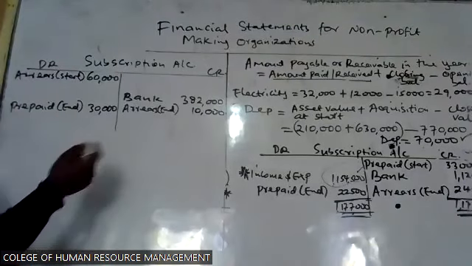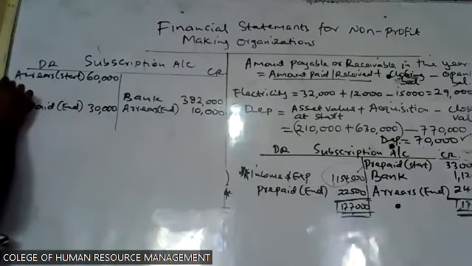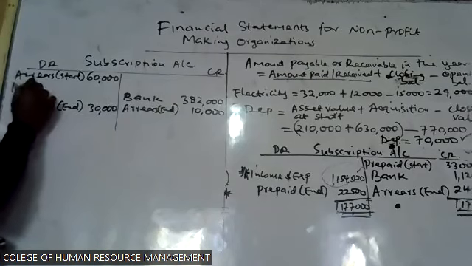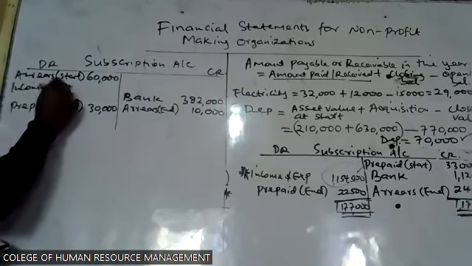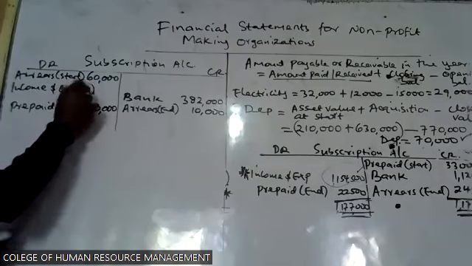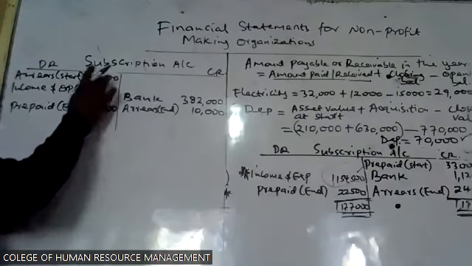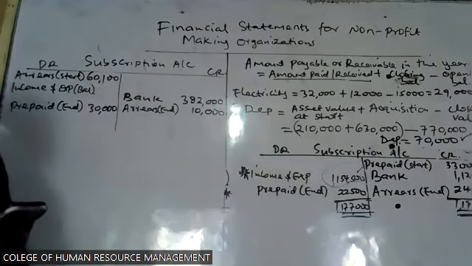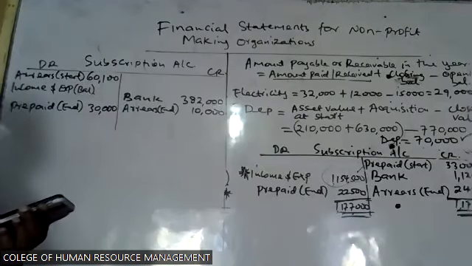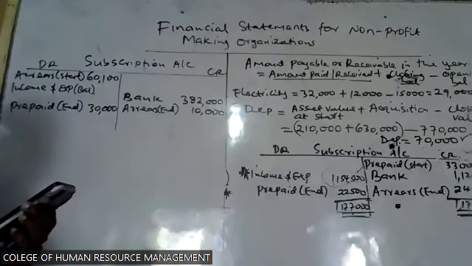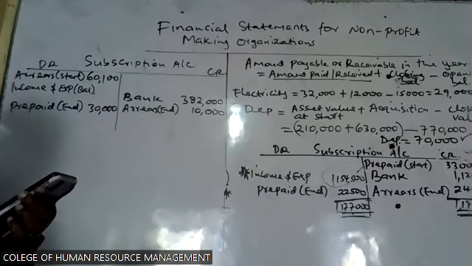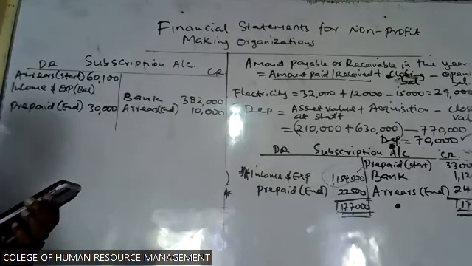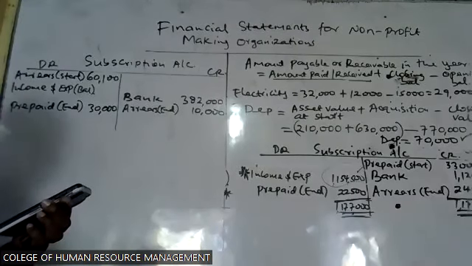Then those are what we have. The balancing figure is what we shall take to the income and expenditure. Mwalimu, it's 60,100. Oh, there you go. 60,100. Actually, they normally put it like that to confuse you because many people will not see that 100, including me. So you need to be careful on those figures.